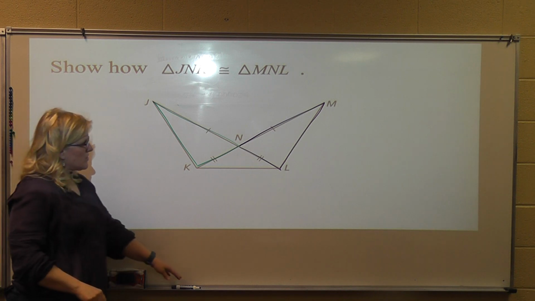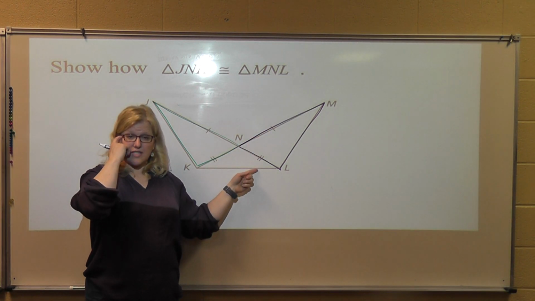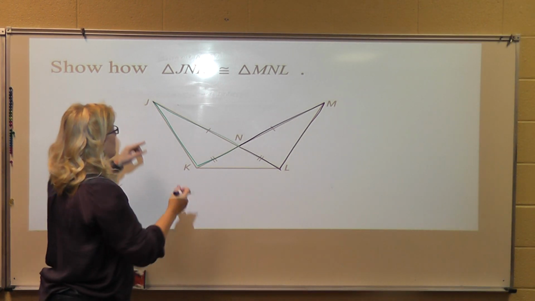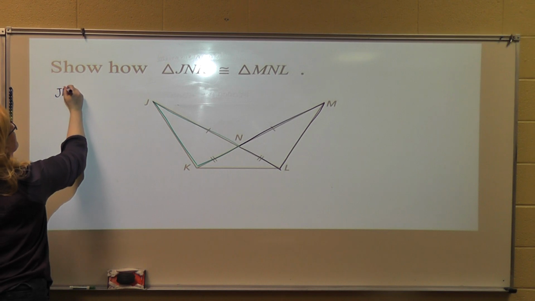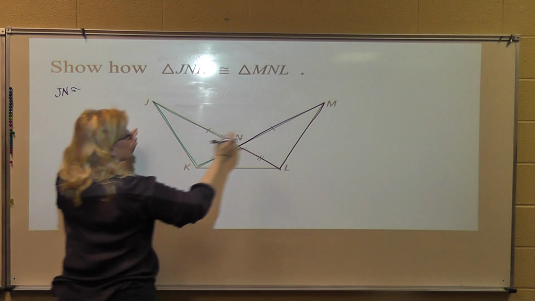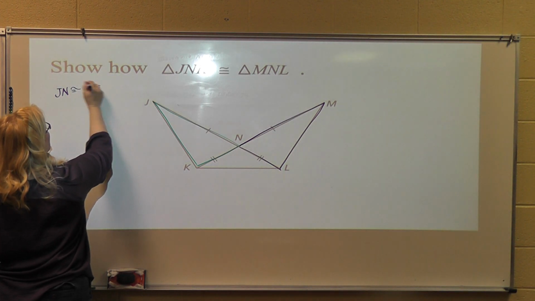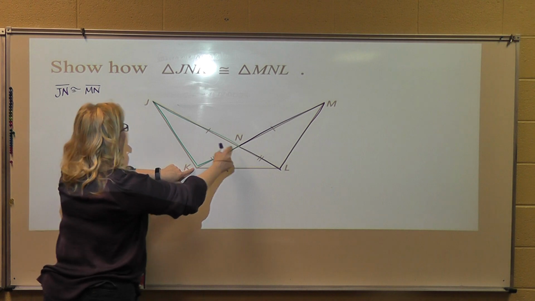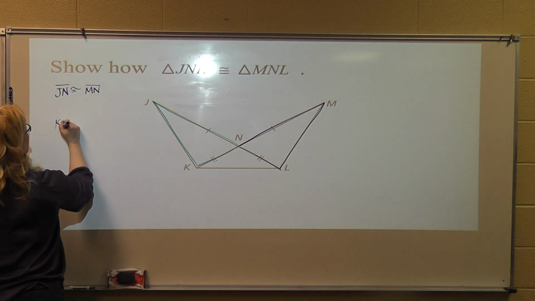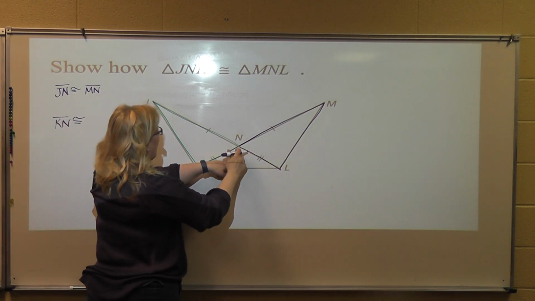Let's look carefully. We've got two pairs of sides that are congruent, so we can write those. We have JN is congruent to MN, and we also have KN is congruent to LN.